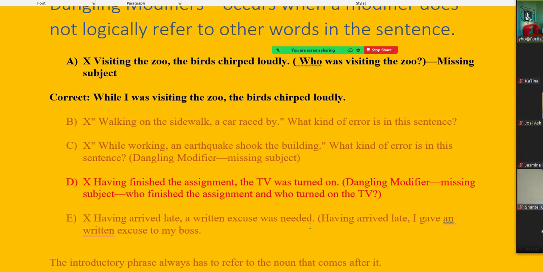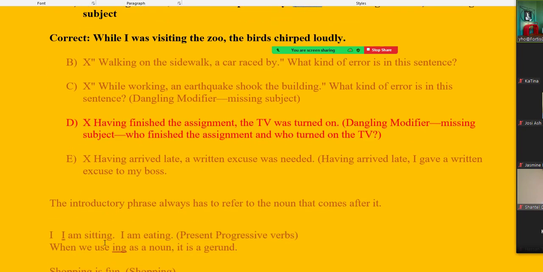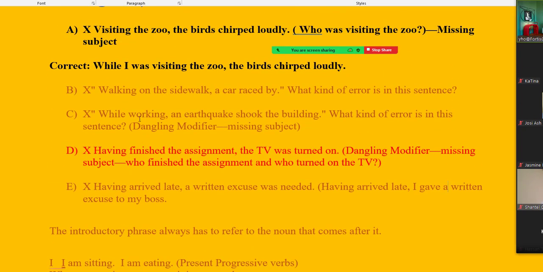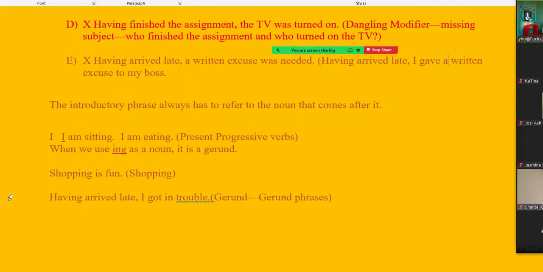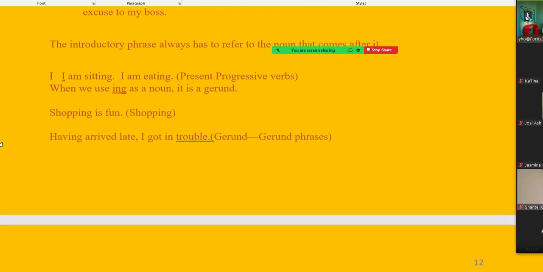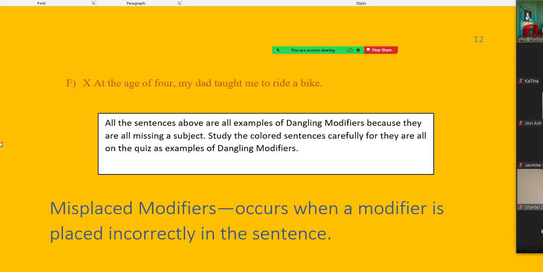So basically, you have to put in I or he or she, or it can also be someone's name, like Susan. Okay, I gave a written excuse to my boss. So here, that's a dangling modifier. And so the introductory phrase, that's basically it.